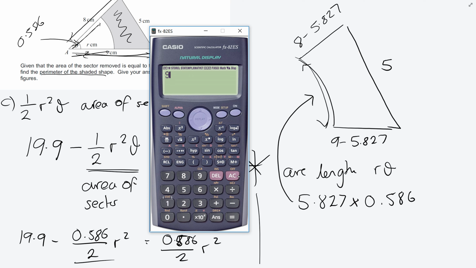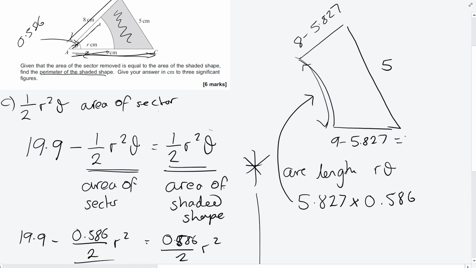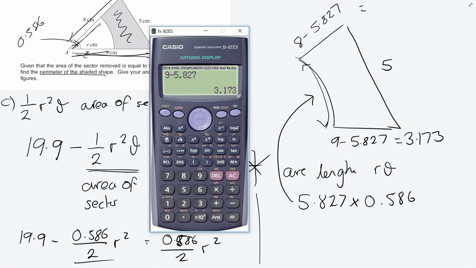So 9 minus 5.827 is going to give me 3.173. This one up here is going to be 2.173, but let's double check that we haven't done anything crazy. So we do get 2.173.